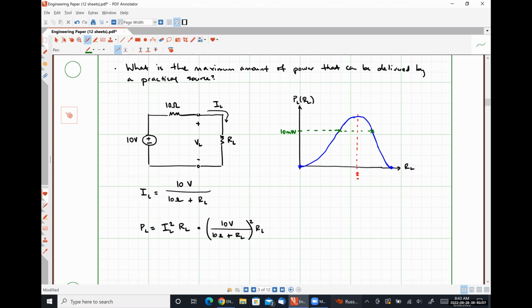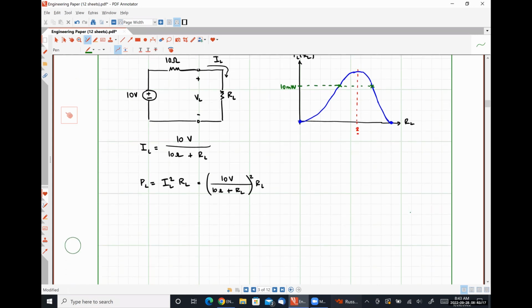So now let's look at things in a slightly more generic sense and derive how we figure out what that maximum value is. So in general, power delivered to our load resistor is going to be our source voltage Vs divided by Rs plus RL, quantity squared, times RL.